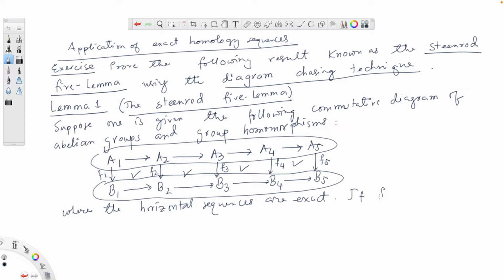Now, if F1, F2, F4, and F5 are isomorphisms, okay, we are given that they are group homomorphisms, so they are given to be bijective group homomorphisms.